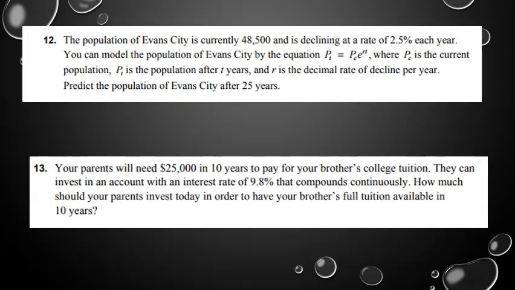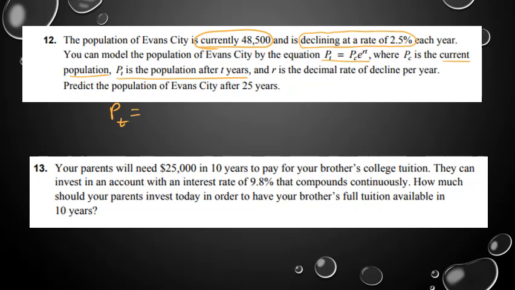Okay, so here in number 12, we have a certain city who has a current population, and they're saying they're declining, which tells me it's going to be a decrease, and it tells me by how much. And it's given us that same formula here. They just changed the variables just a little bit. It says P sub C is the current population. So that means this is P sub T, the population after T years, is what we're looking for.